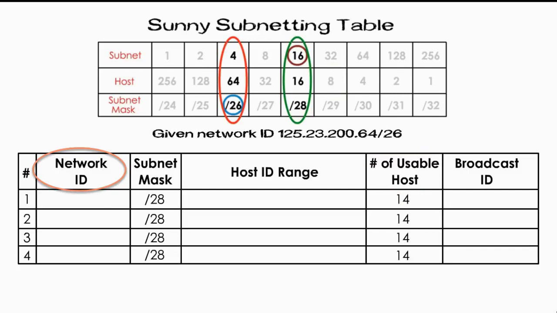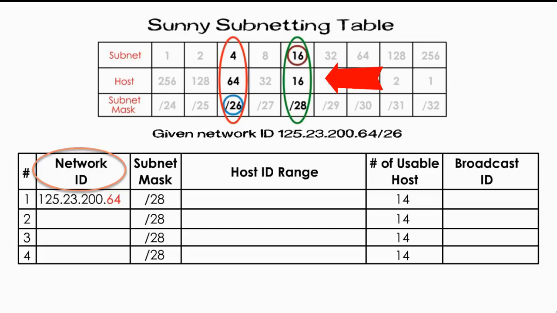We move to the network ID column. First network ID is original network ID, which is 125.23.200.64. Let's just focus last number. And we will use the number 16 again from the Sunny table to get next new network ID.